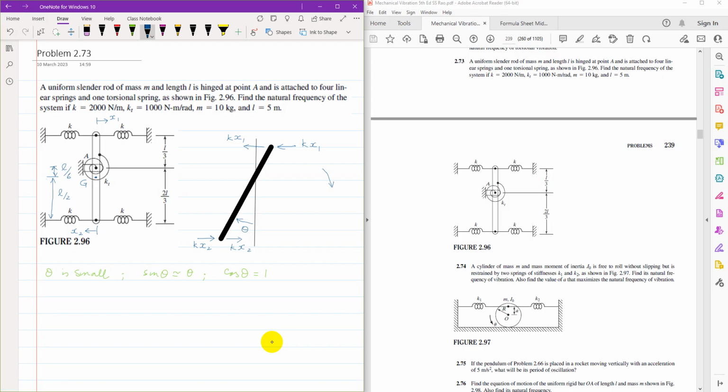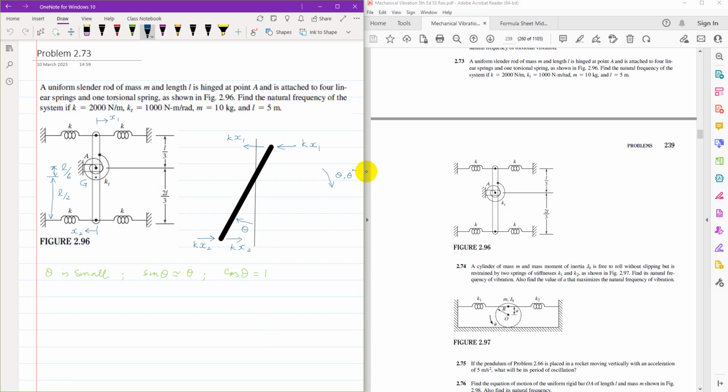Then this spring Kt, the torsional spring, will resist at that point A, somewhere here, in the opposite direction of motion. So here the direction is taken as clockwise.